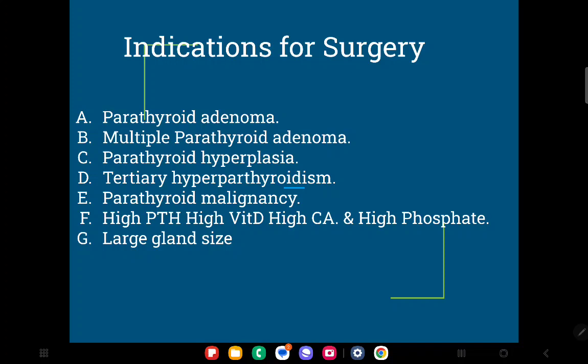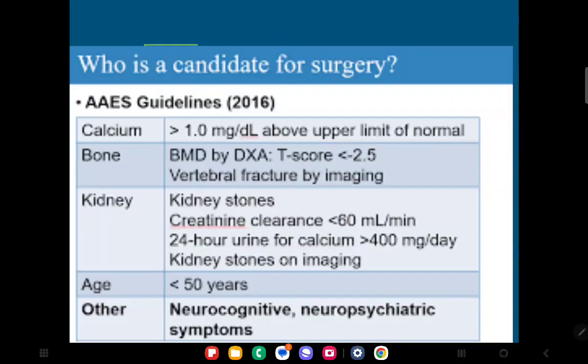And biochemical indication, if the lab work is showing high parathyroid hormone, what we call parathormone, or high vitamin D, or high calcium, which we call hypercalcemia, and high phosphate, or there is, as we said, a large gland which is more than 3 centimeters.